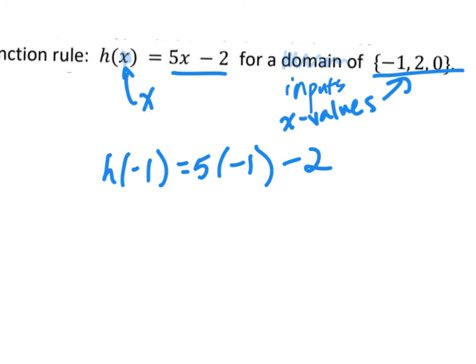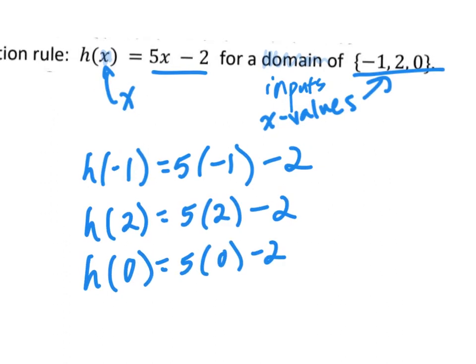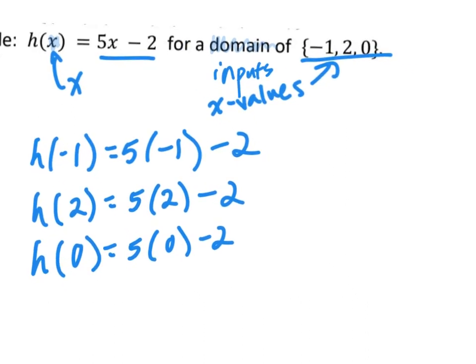So for my next one, I have h of 2 equals 5 parentheses 2 minus 2. Let's try out my next one. h of my next x value or domain value is 0, so I'm going to substitute and evaluate at 0. So I have 5 parentheses 0 minus 2. All right, so I just set that up. Now I just want to actually evaluate them. This would actually sometimes be a calculator question.